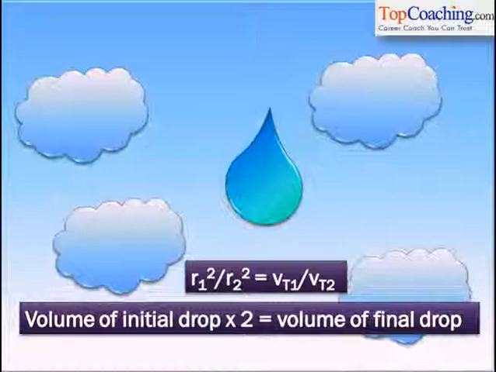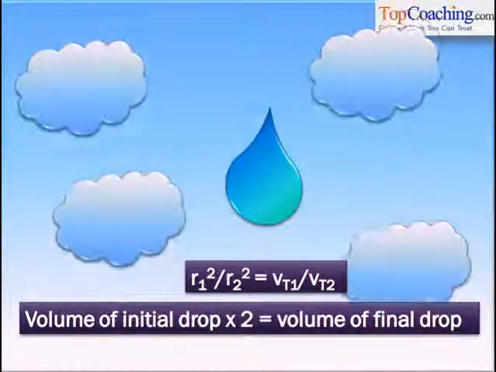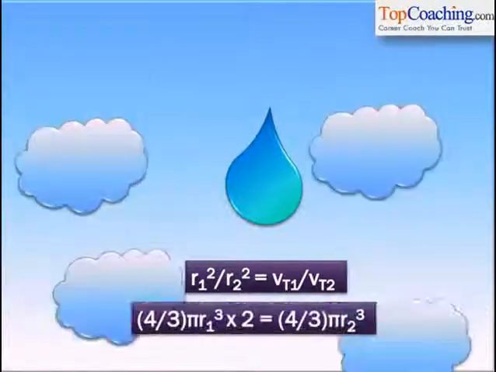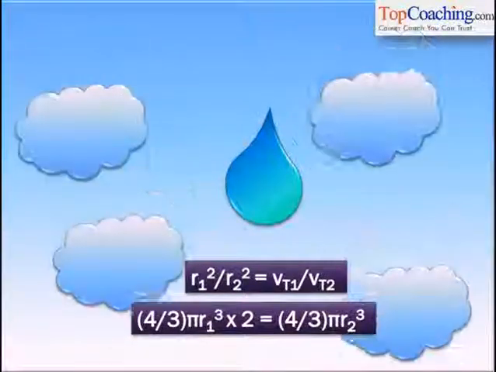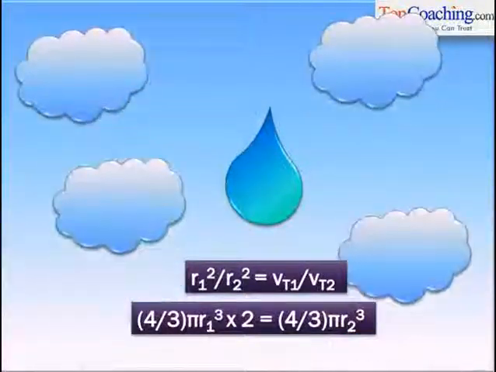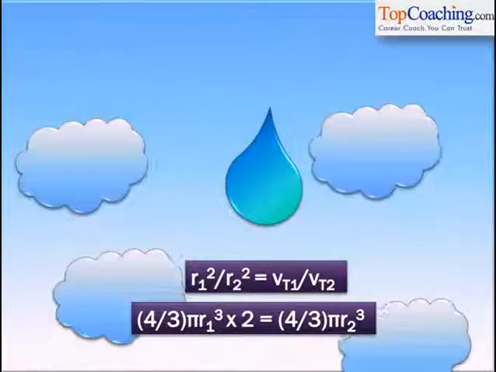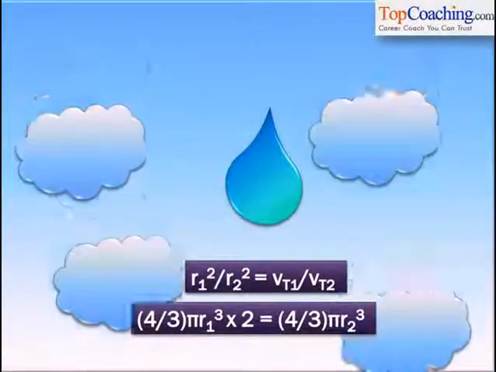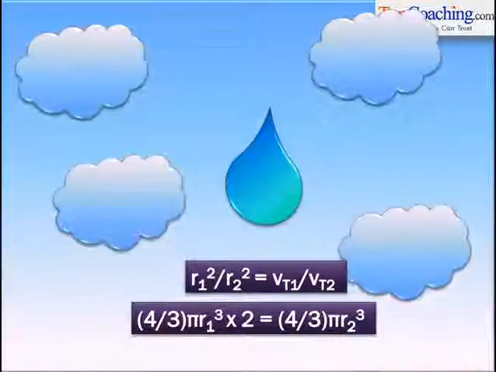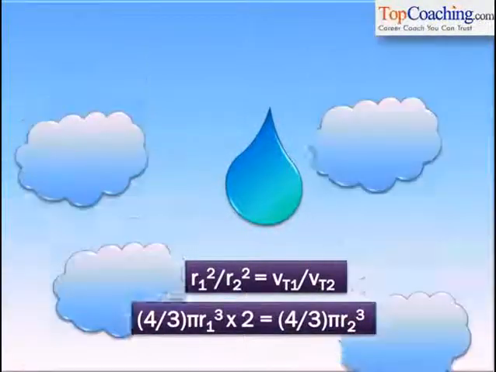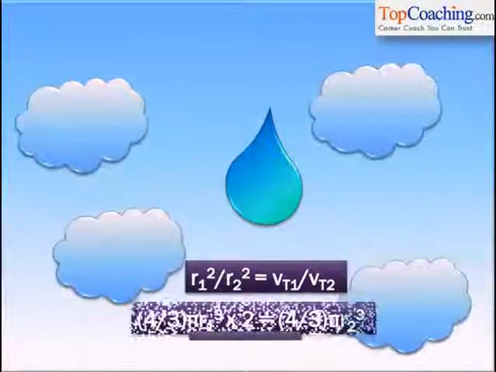Now the volume of the initial drop into 2 is the volume of the final drop, isn't it? So 4 by 3 pi r1 cube into 2 is 4 by 3 pi r2 cube, where 4 by 3 pi r1 cube is the volume of each of the individual raindrops falling down, and 4 by 3 pi r2 cube is the volume of the final raindrop formed after the initial raindrops merge.